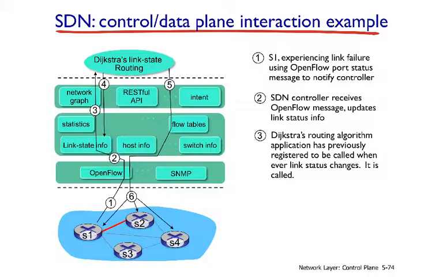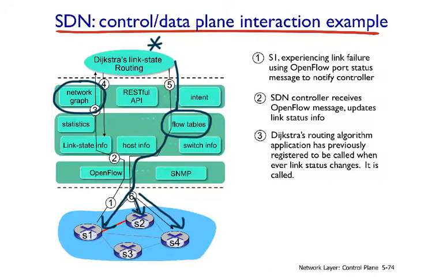Then the Dijkstra algorithm, which has a global view of the network, is able to run the link state routing algorithm, and with the outcome of the invocation of the routing algorithm, it can modify the routing tables, and finally the controller will tell the switches that are involved in this modification that they have to install different rules because of the failure of the red link.